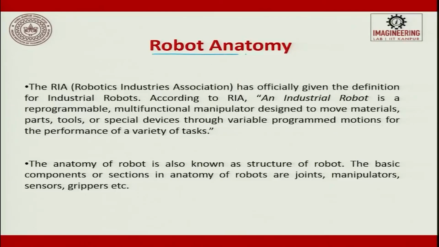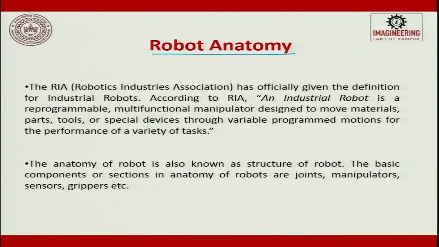When we talk about anatomy, the Robotic Industry Association has officially given the definition of industrial robo. According to the RIA, an industrial robo is a reprogrammable, multifunctional manipulator designed to move materials, parts, tools or other special devices through variable programmed motion for the performance of a variety of tasks.